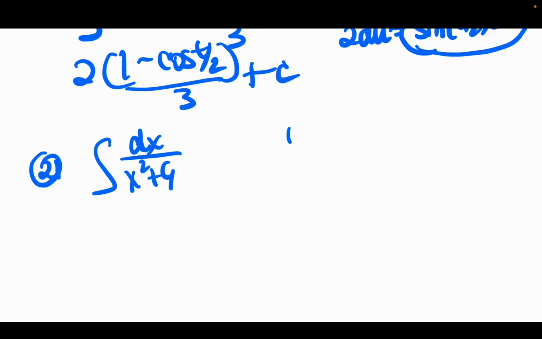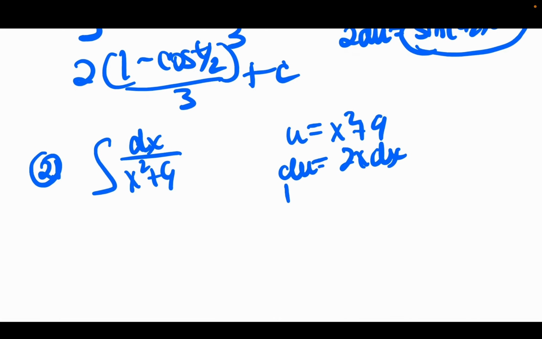It looks so innocent. I'm thinking I'm going to let u be x squared plus 9. du is 2x dx. 1/2 du equals x dx.